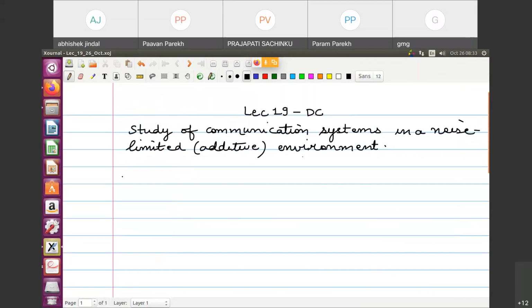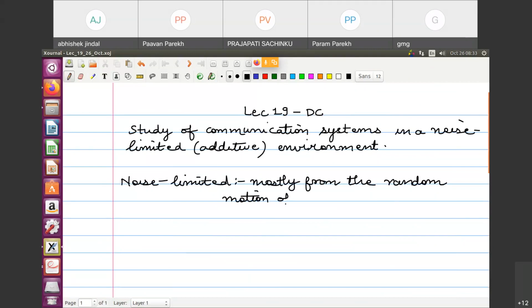First of all, noise is mostly from the random motion of electrons in the circuitry at the receiver. So mostly this AWGN is from this. This is a sort of additive noise.